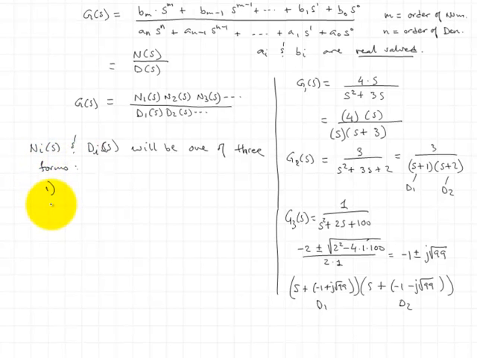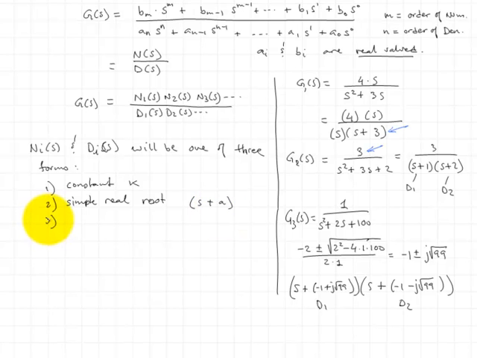One, we've already seen, we could have a constant k. Second case, we could have a simple real pole. I won't say pole, I'll say root, because this could be in the numerator or denominator. So this in general is like s plus a.